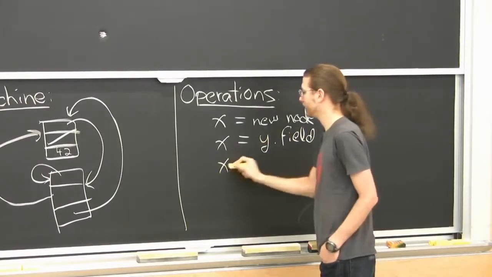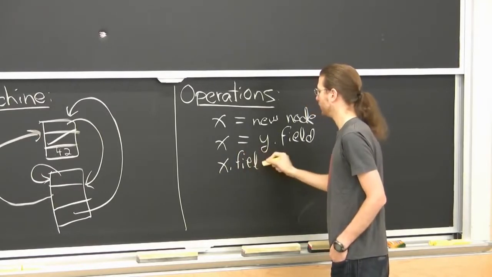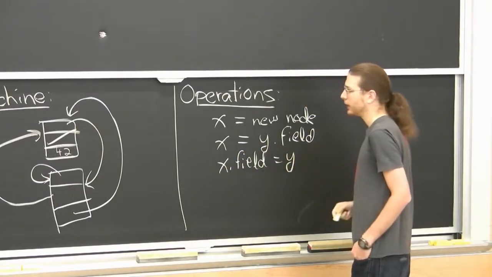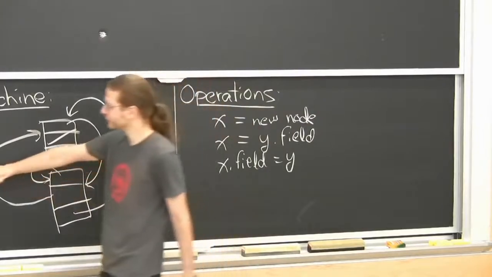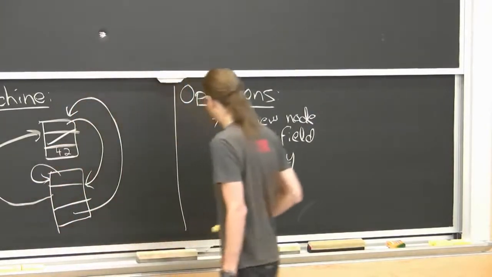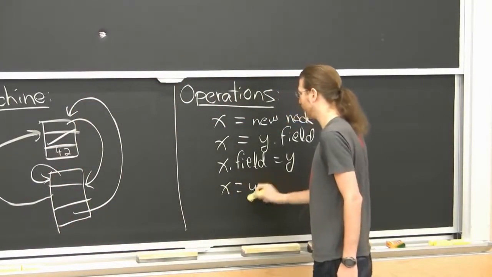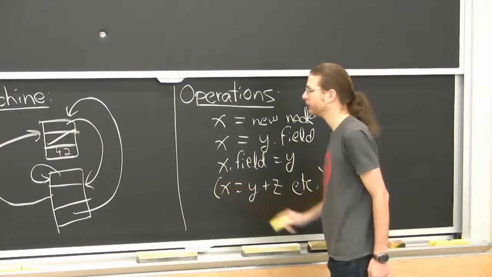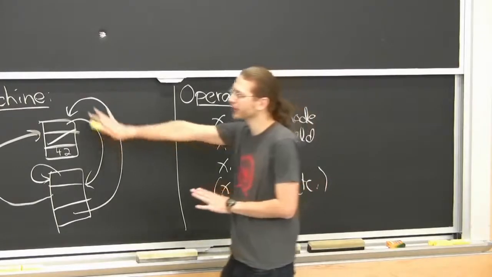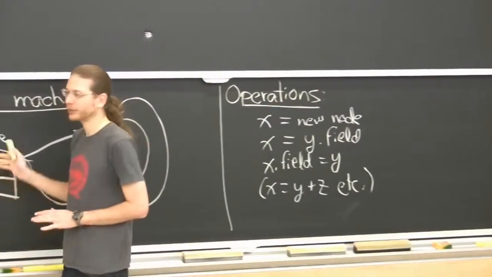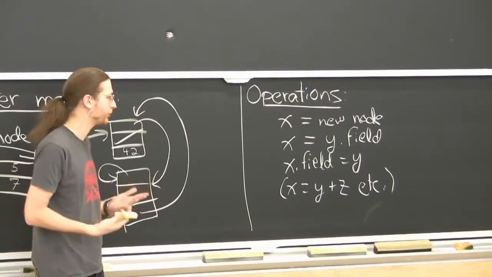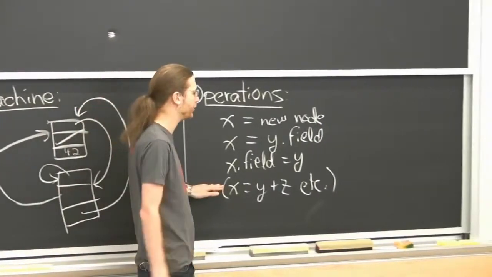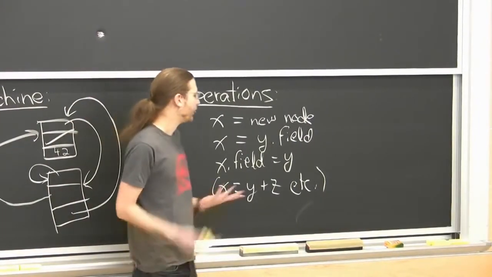You can set fields, x dot field equals y. You can compute on these data, so you could add 5 and 7, do things like that. I'll just write etc. This is more a model about how everything's organized in memory, not so much about what you're allowed to do to the data items. In this lecture, it won't matter what you're doing to the data items. We never touch them. We just copy them around.